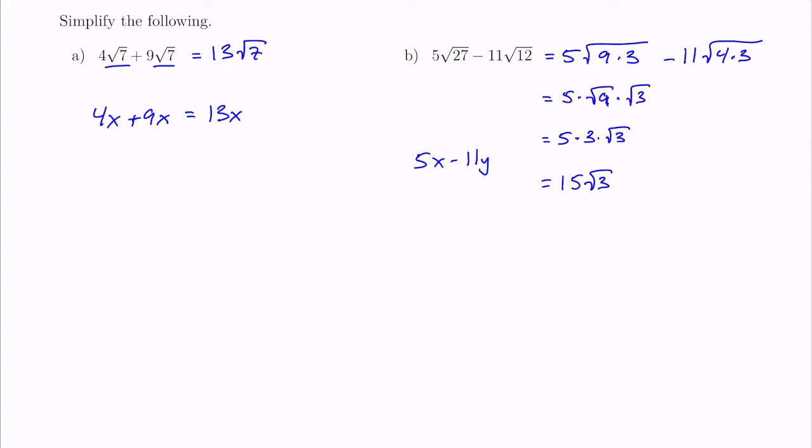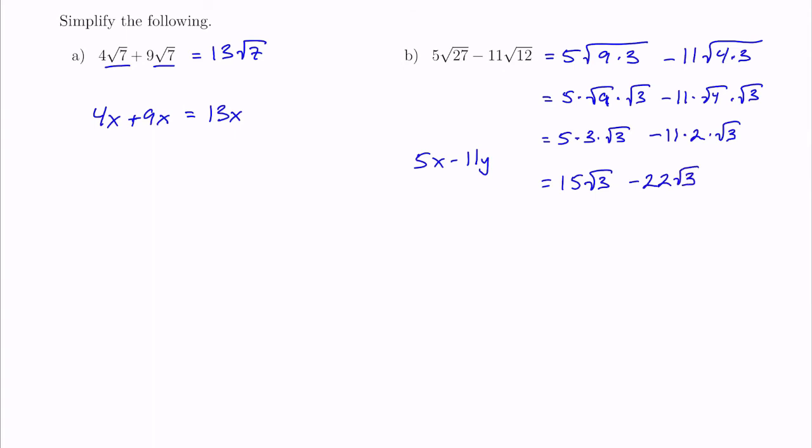Which I will simplify down to become minus 11 times the square root of 4 times the square root of 3. Again, the reason for having done this is that the square root of 4 will become a 2. It simplifies. So we end up with minus 11 times 2 times root 3. And simplifying that one step further, 11 times 2 is 22, so this becomes minus 22 root 3.